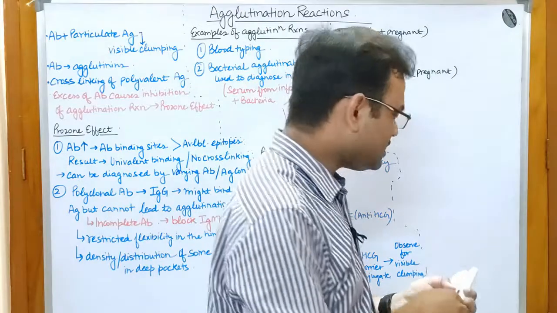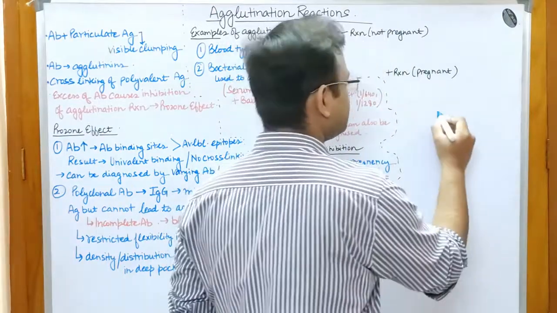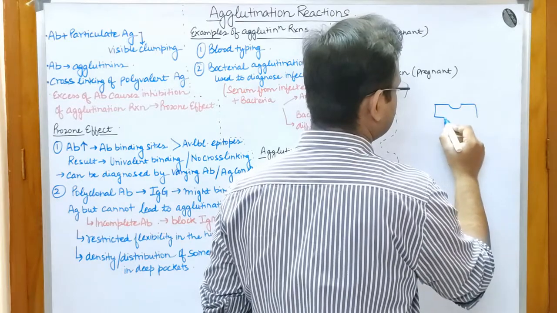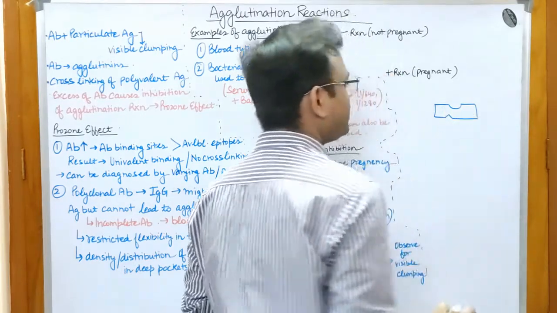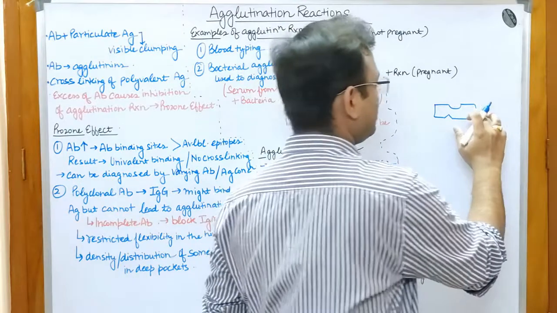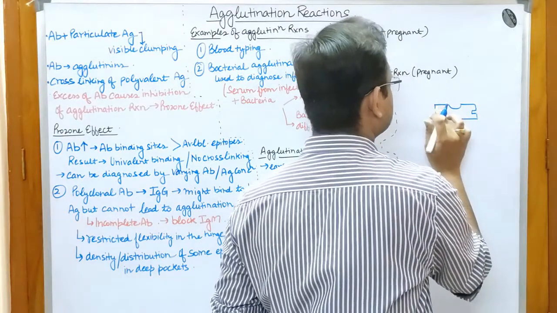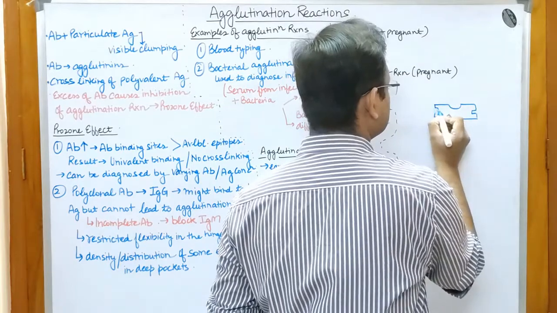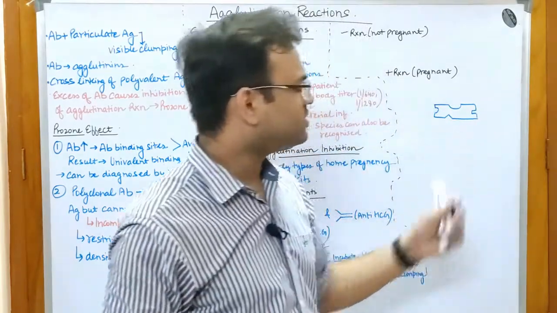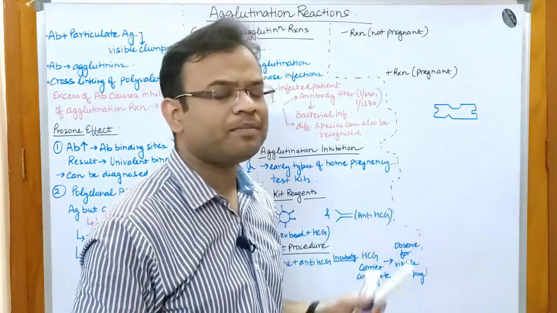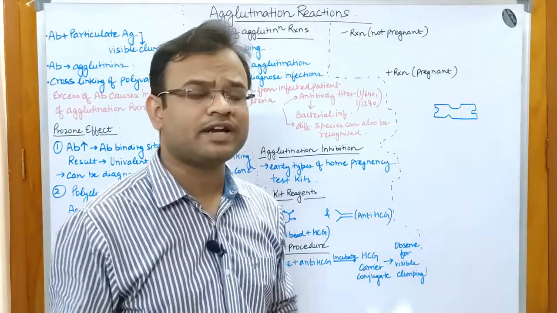So what I mean by this is that if I say that this is the antigen, suppose this is an antigen that I have drawn, and it is having multiple binding sites, multiple epitopes that could be recognized by different antibodies.